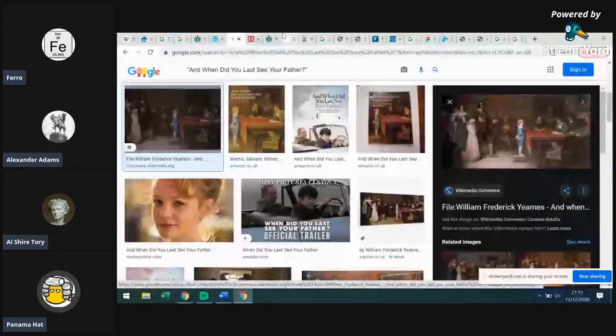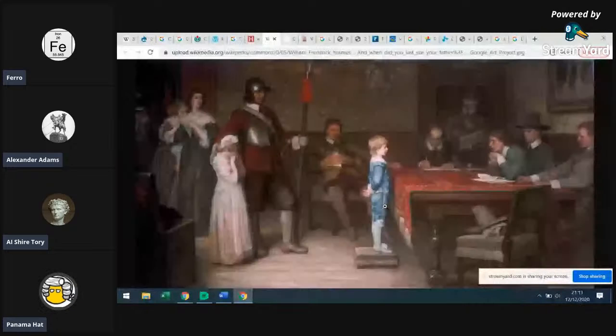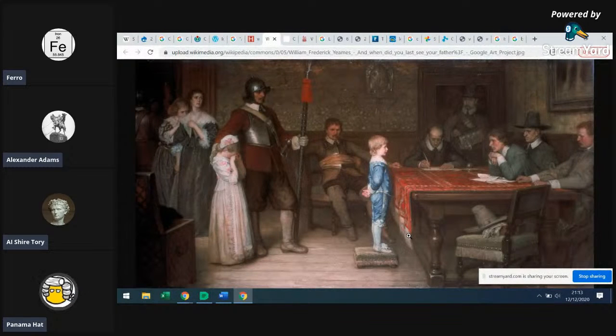Something interesting about this is that the young boy in the middle of the picture being interrogated seems quite unflappable in the face of all this. And of course, his clothing appears to be based on the very famous Boy in Blue, which I believe Alexander has put on the list.